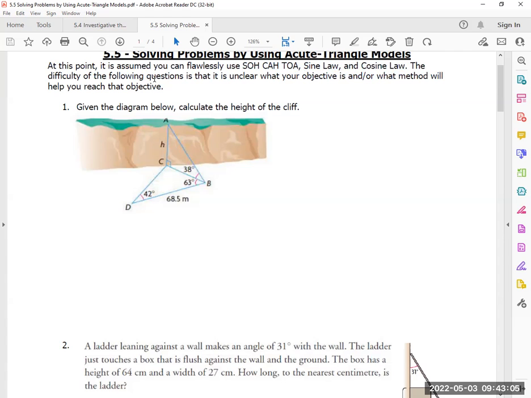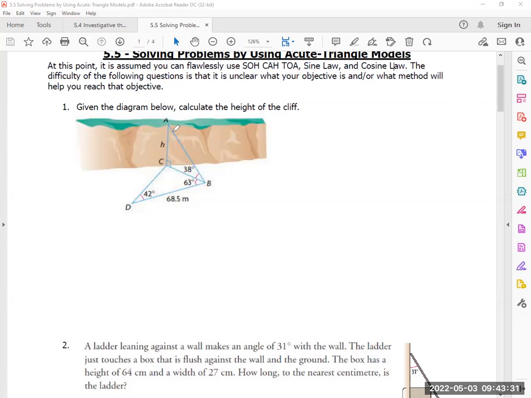The difficulty of these word questions is going to be figuring out what they want, and then the game plan to get there. Yes? No, it's in front. All right, question 1. Given the diagram below, calculate the height of the cliff.